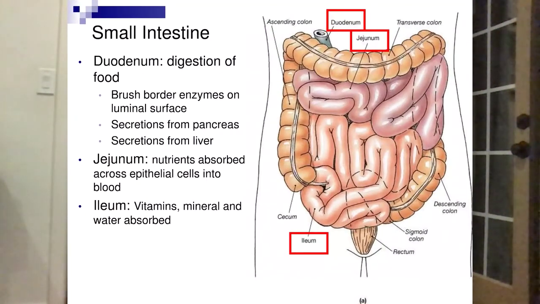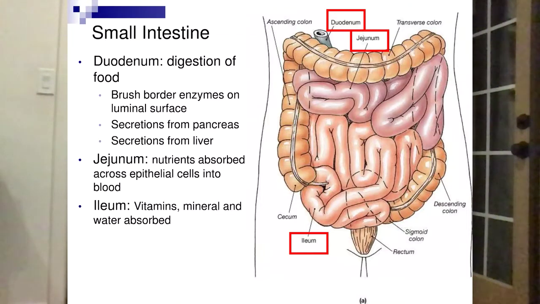Remember though, so far in our digestive process, we started digesting carbohydrates in the mouth, but then once it hit the stomach, we stopped, so we didn't complete that. Then the stomach started to digest proteins, right, with the use of pepsin. But then before we're finished digesting proteins, we actually release the chyme into the duodenum.